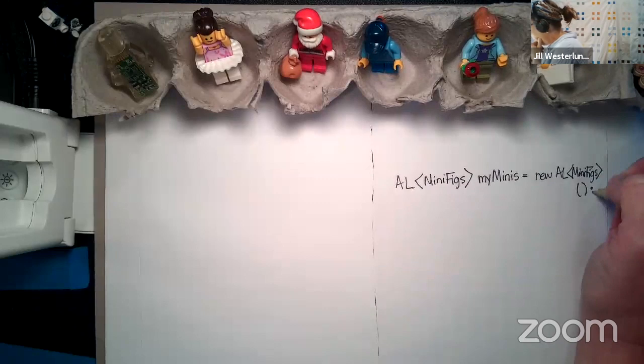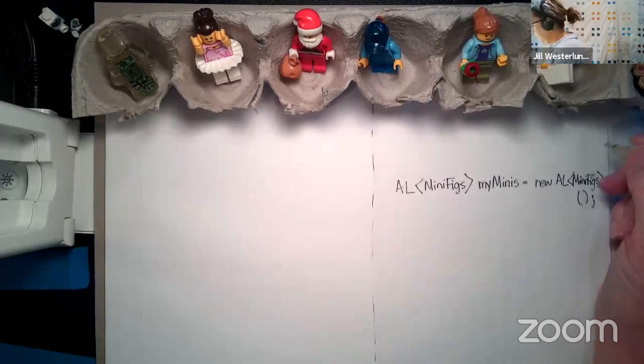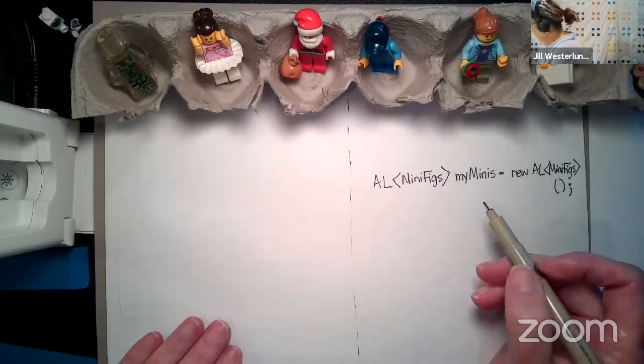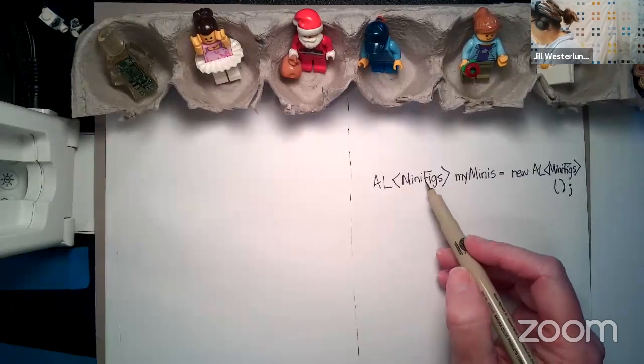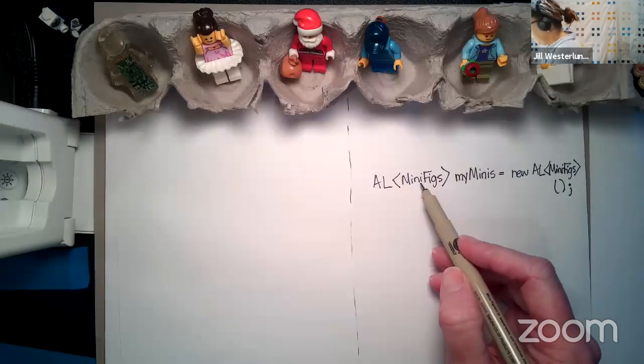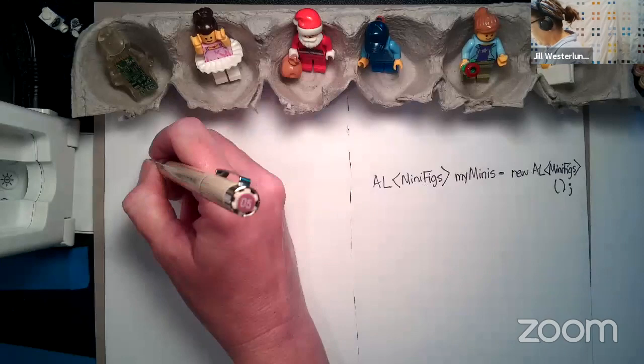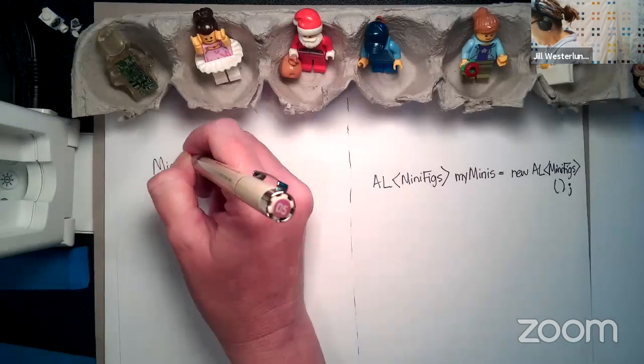And again, don't fill that in because you want to have them as many as you want. I can only have variables for my minifigures that live over here in my minifigure class.